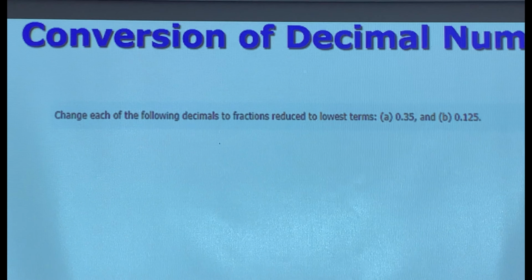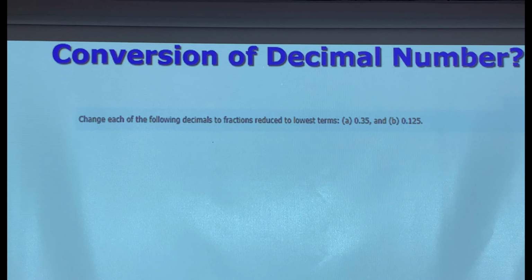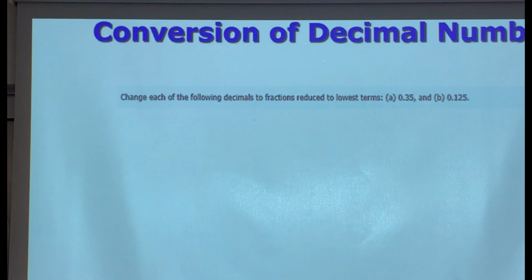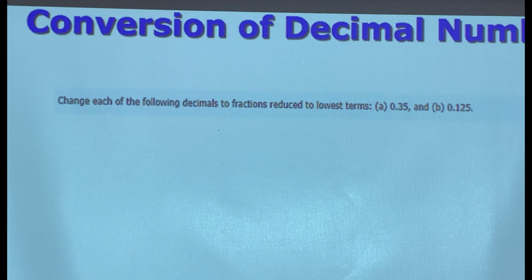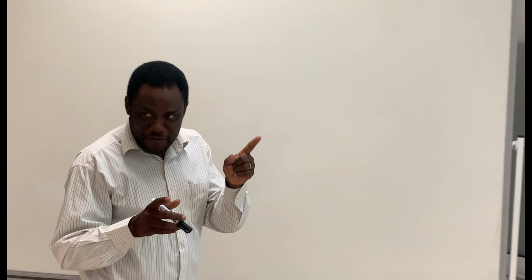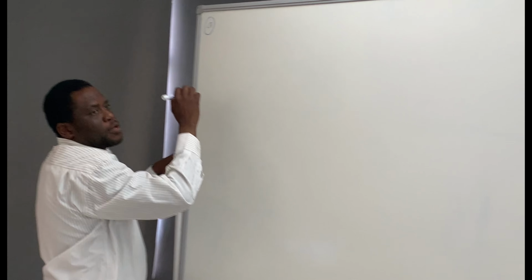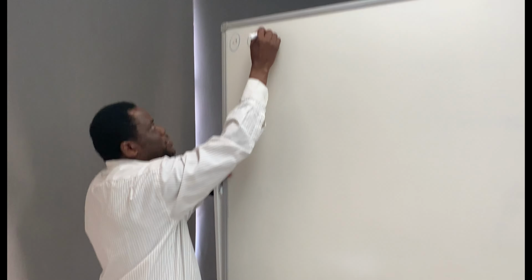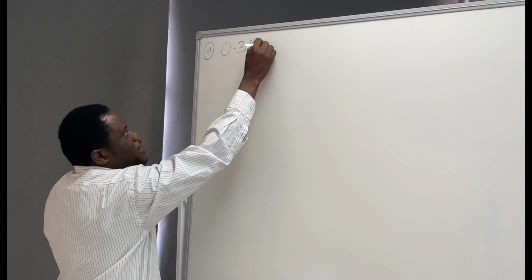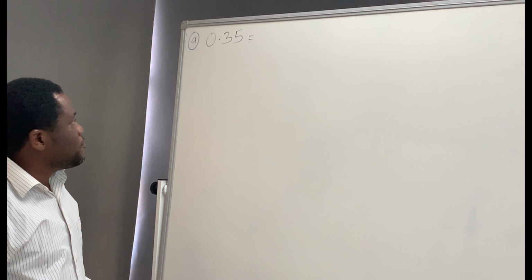Okay? So let's see how to play around with this fraction. Conversion of decimal numbers. First question says, change each of the following decimals to fractions, and not only that, but reduce it to the lowest terms. So, we have 0.35. First, convert it.